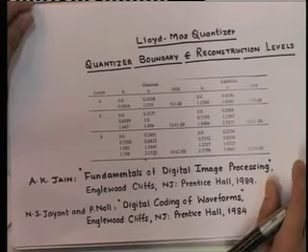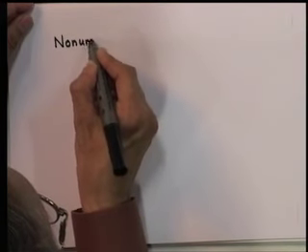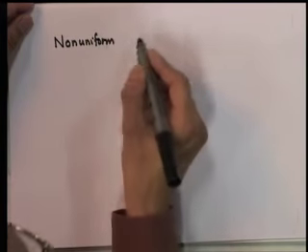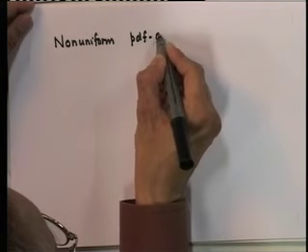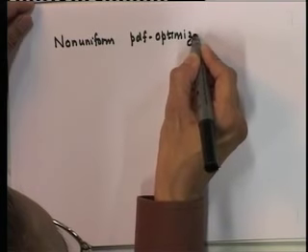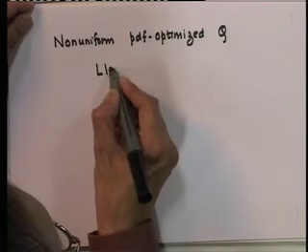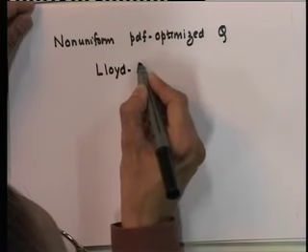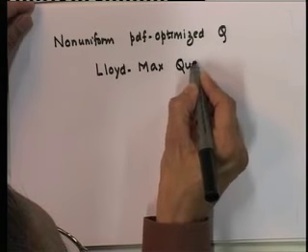Now, this non-uniform PDF optimized quantizer is also known as the Lloyd max quantizer.